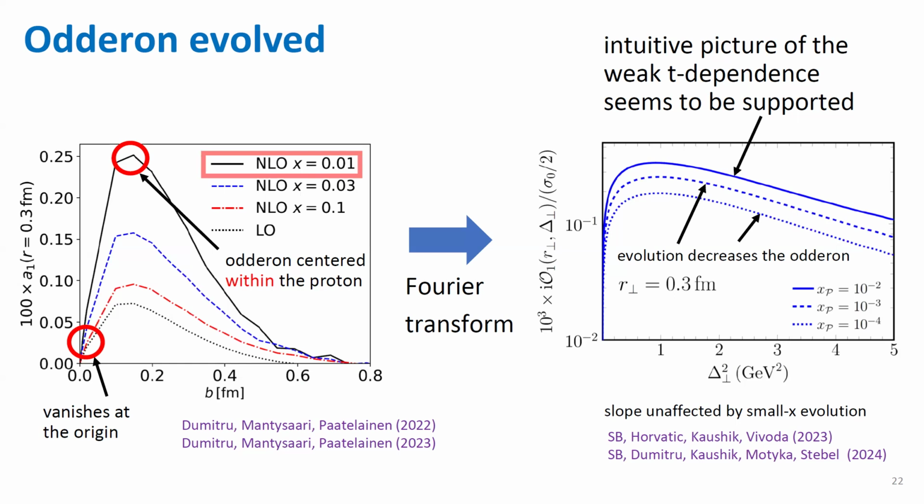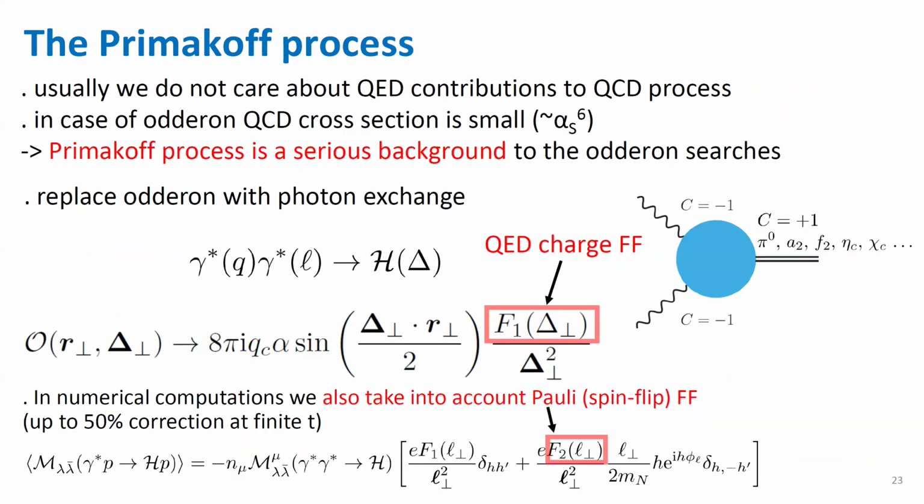So with these ingredients, we can compute the cross-section, but still let me make one more remark. And this is concerning the Primakoff process. So what is the Primakoff process? This is basically gamma-gamma fusion. So instead of gamma-Odderon fusion, you are picking up a photon from the proton. So you have to, in principle, also take into account this type of purely QED process, because the photon has the same quantum numbers as the Odderon.